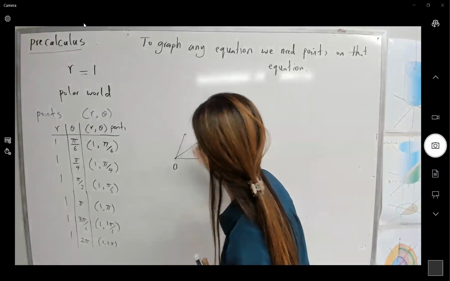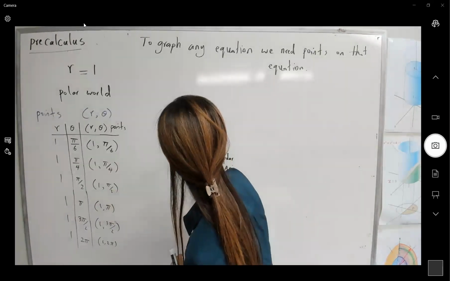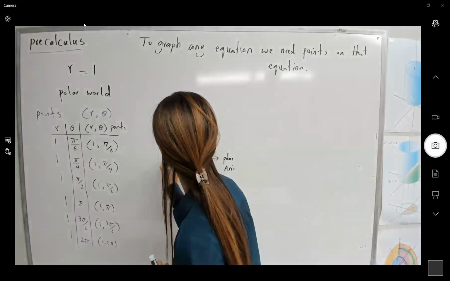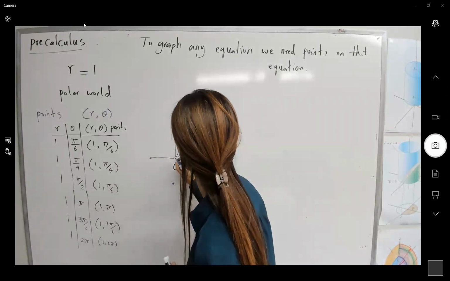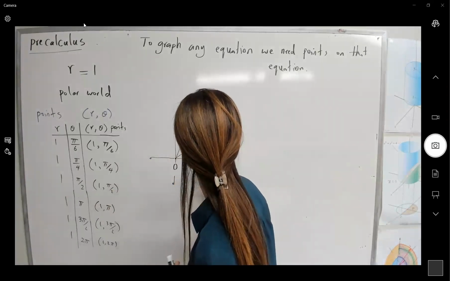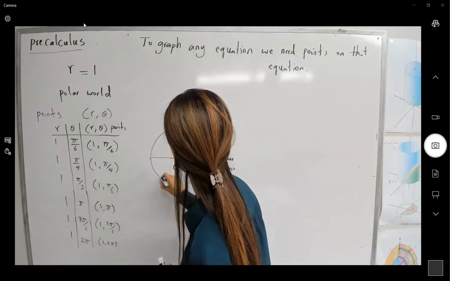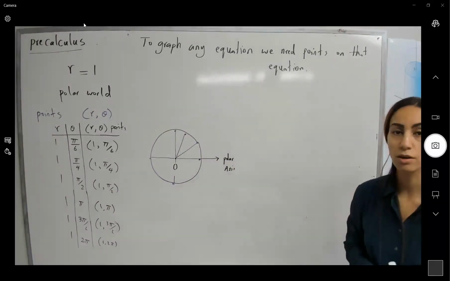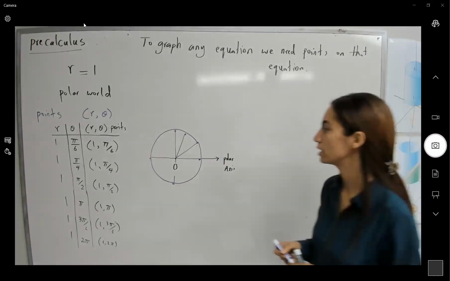Pi over 2, the distance is 1. Pi and 1, this guy is here. 3 pi over 2 here, and then the next one is here. So if I connect these points, I get a circle. All right, r equals 1 is just a circle with radius 1.